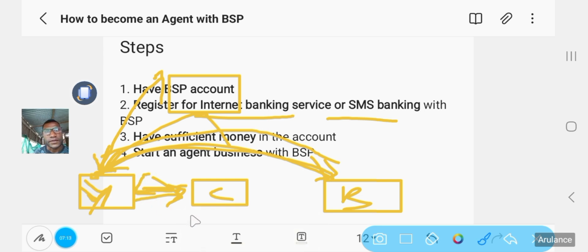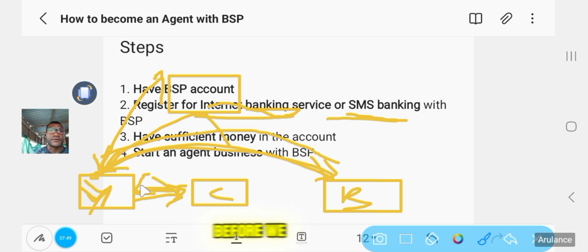And then for a service fee, you either charge 10 kina or whatever amount that you think is suitable for you. So this is how you can use the SMS banking to help your customers and at the same time charge them a service fee. So these two platforms here, internet banking and SMS banking, are very important nowadays for especially people like you and me, ordinary people. So this is a good business that you can actually establish.